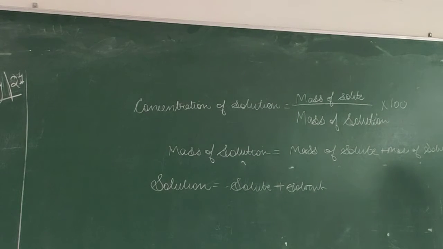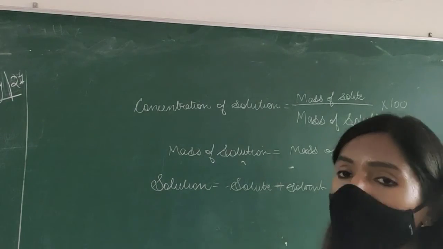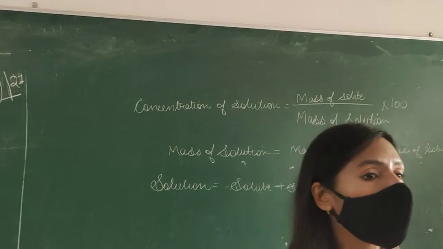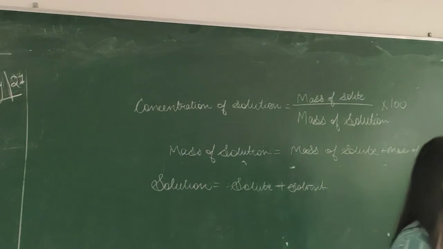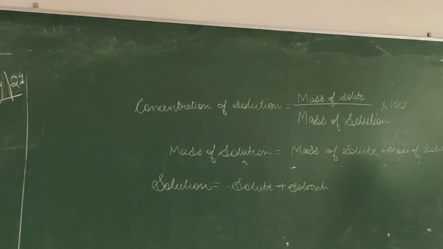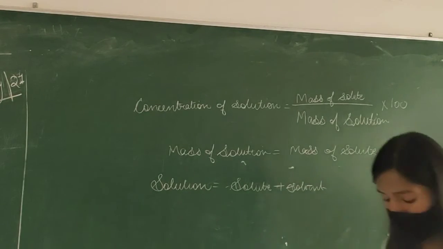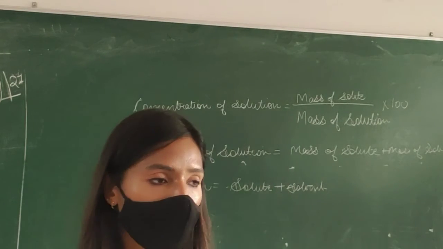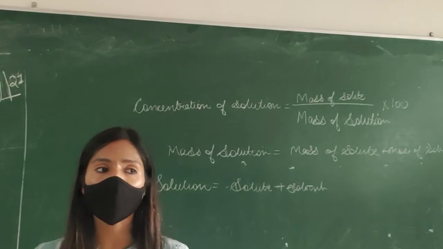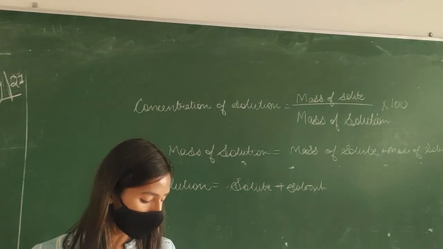A solution contains 30 grams of sugar dissolved in 370 grams of water.